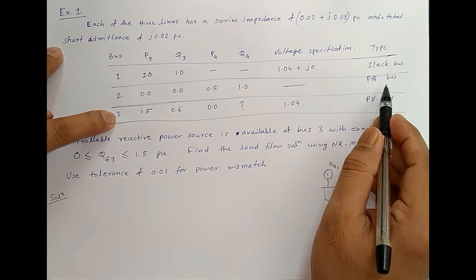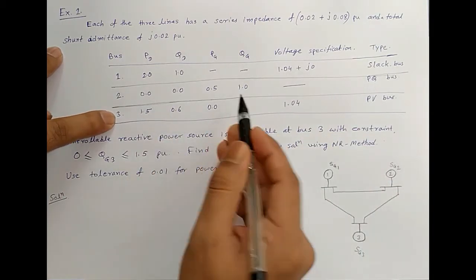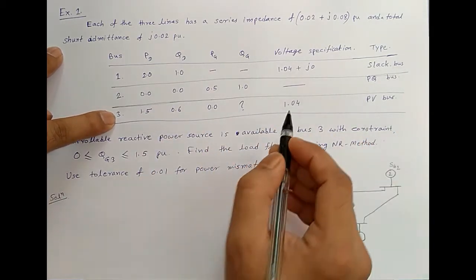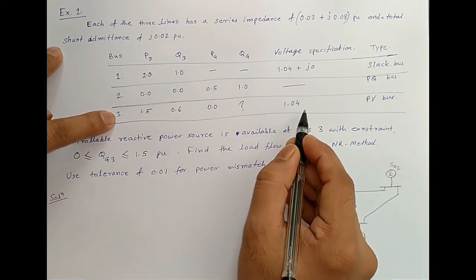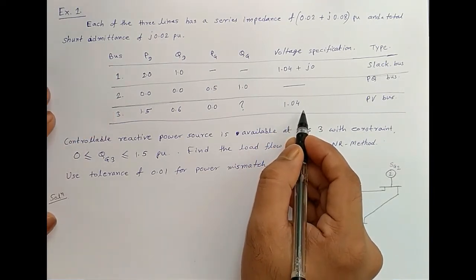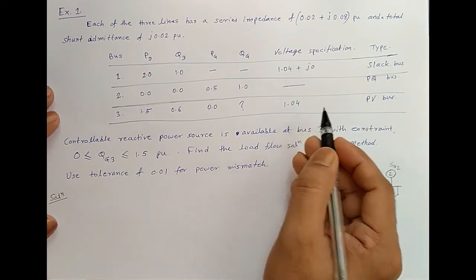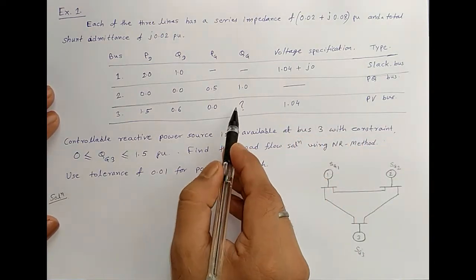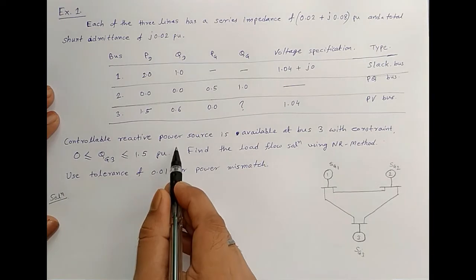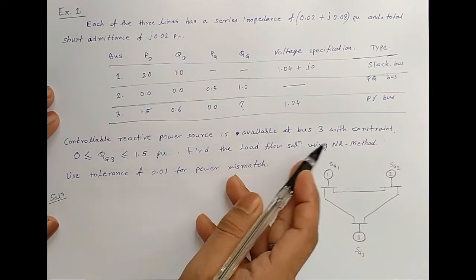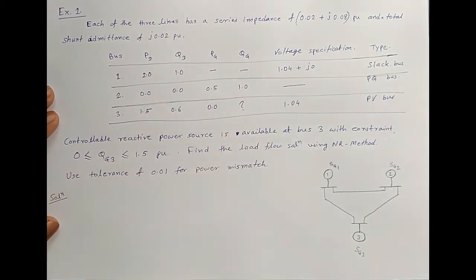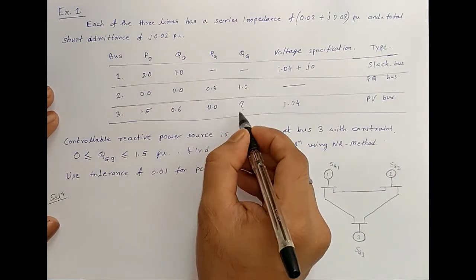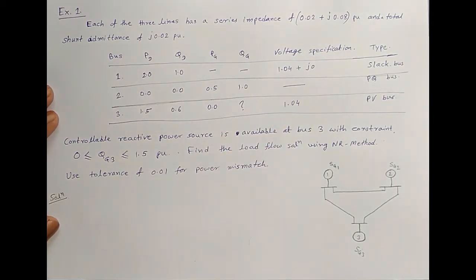For the PQ bus, P and Q are given, and for the PV bus only the magnitude of the voltage is given. Here the angle of the voltage is not given. Since a controllable reactive power source is available at bus number 3, we also have to calculate QG. That's why this is a question mark.